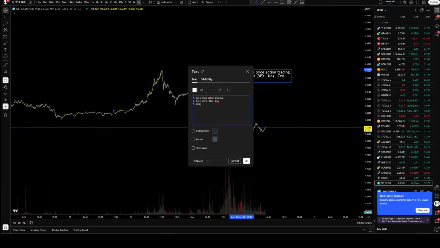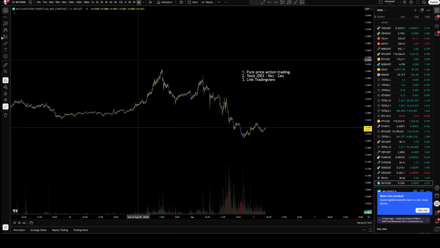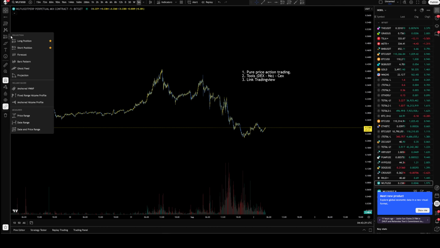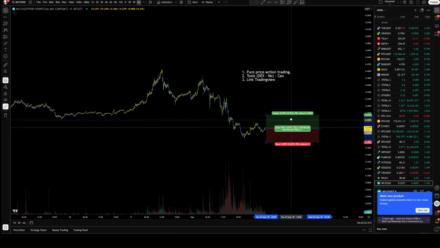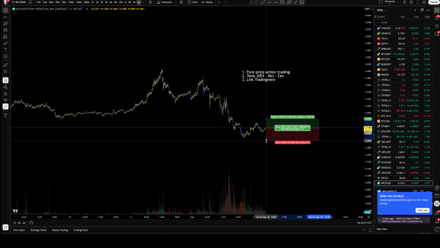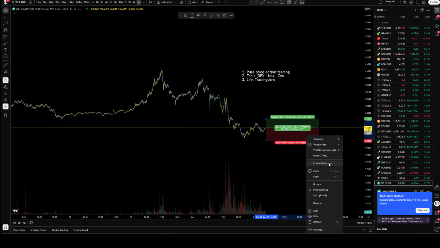Three, if you can link TradingView, that will be ideal. Because you want to be able to actually use something like the TradingView position tool. So you've got this tool over here, like this one, and you can use this to create orders and stop losses and your TPs, and you can basically come in here and go create limit order.